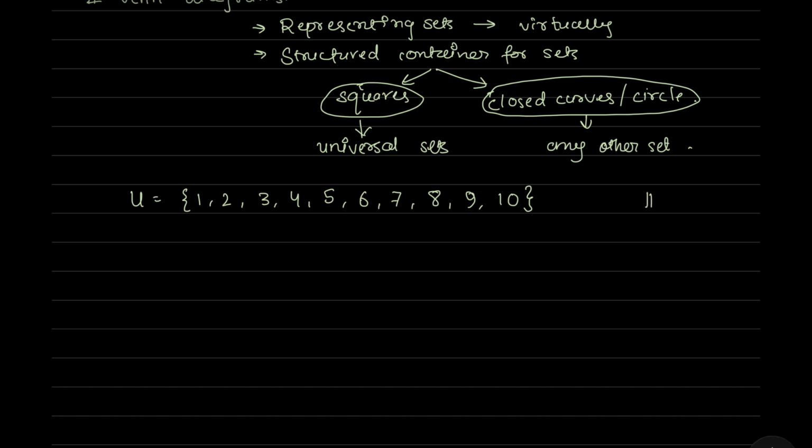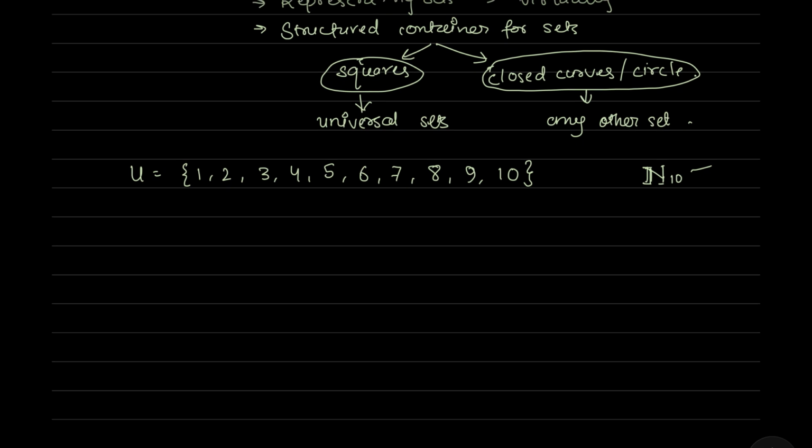So another way of representing this is N10, this Times New Roman kind of N, which basically represents natural numbers up till 10. Now from this universal set, we are making two sets. A equal to, let us consider, all the odd numbers 1, 3, 5, 7 and 9. Then we make B as all the even numbers 2, 4, 6, 8, 10.